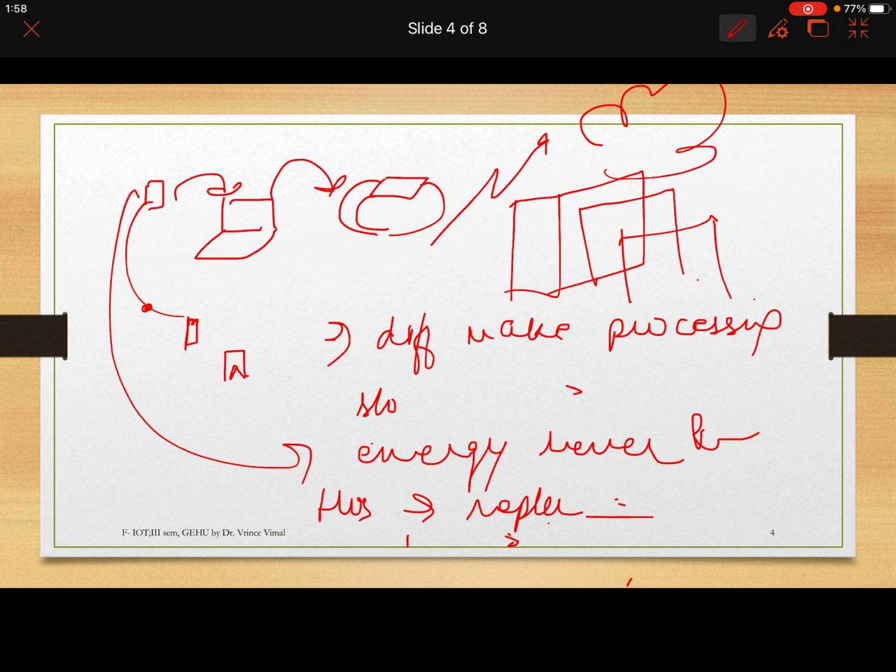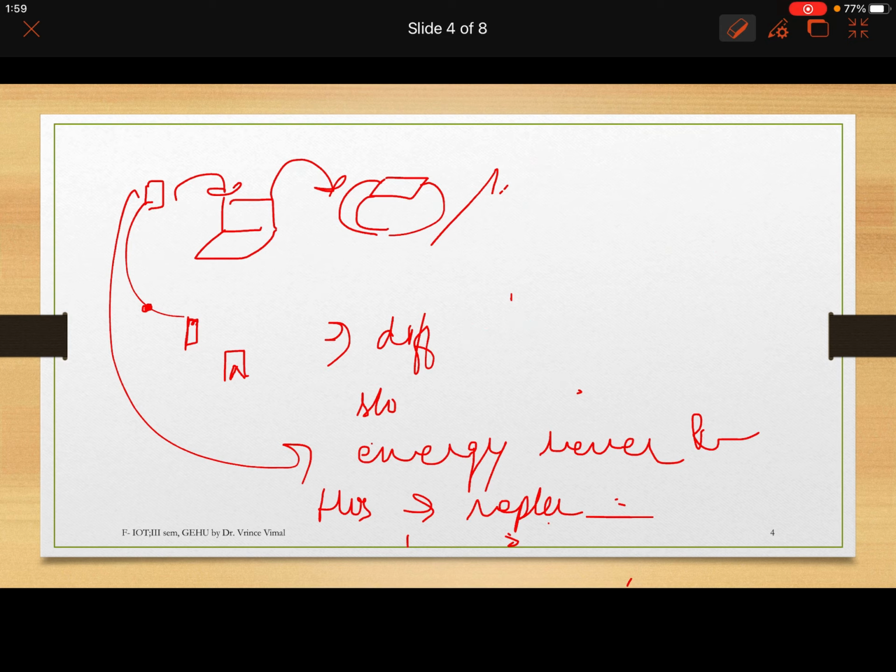So when we are designing a wireless sensor network with the mind to upgrade it to an Internet of Things level, heterogeneity plays a very vital role. Why heterogeneity? These devices have to talk to each other. That day I told you some of the sensors are small enough that they cannot communicate directly with the internet.